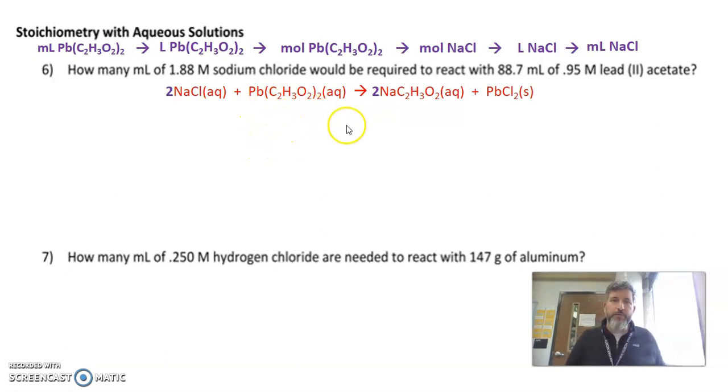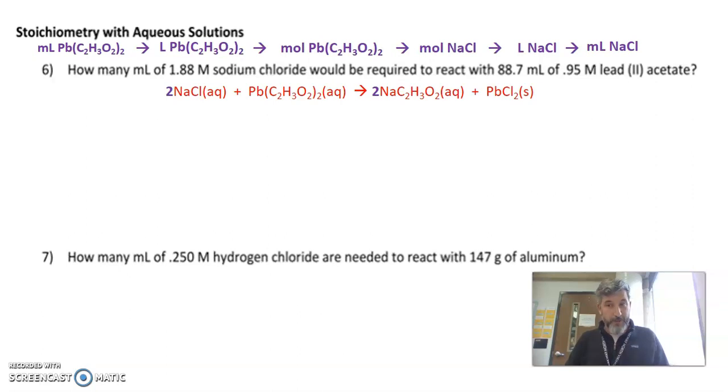Okay, so now we're going to go. I did this first step just sort of in my head. Milliliters to liters is dividing by 1,000, so 88.7 milliliters. And by the way, I'm starting with the volume of the lead 2 acetate because we never want to start with a molarity. We always want to start with something like grams or liters or milliliters or maybe even moles if we have it, because molarity is a ratio between moles and liters.